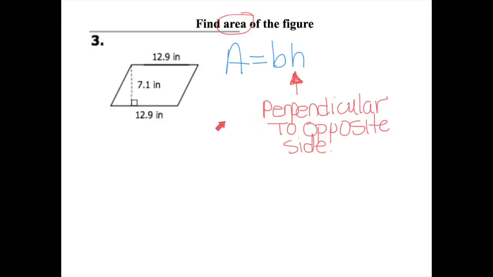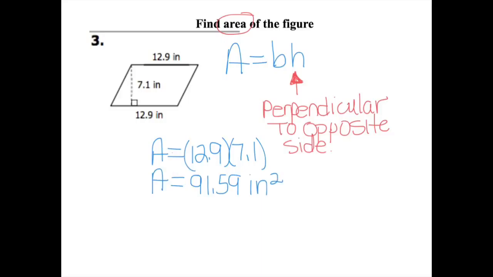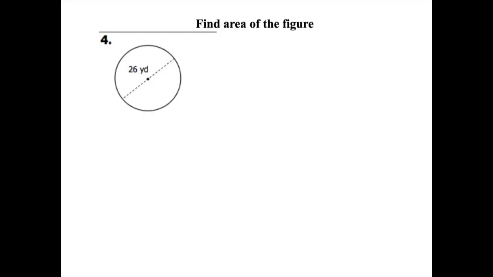So let's go find our perpendicular. Here it is. So the height will be represented by none other than 7.1. Area is equal to 12.9 times 7.1. Area is equal to 91.59 inches squared. Never forget your units.